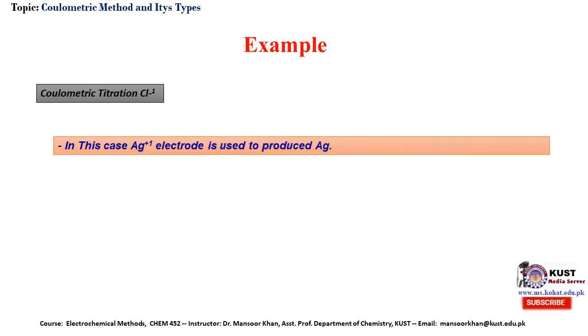As we know that silver ion, silver positive, reacts with chloride and leads to the formation of silver chloride precipitate.